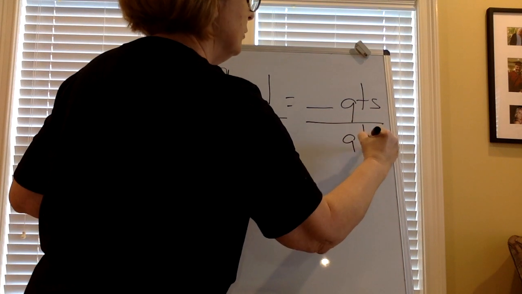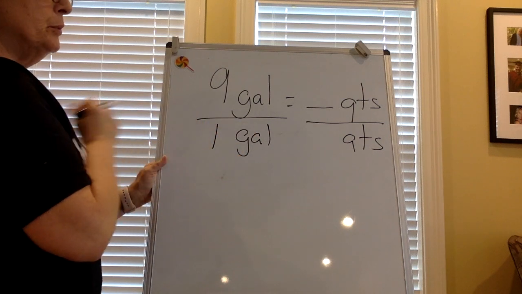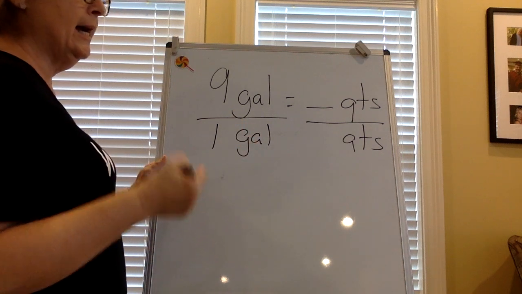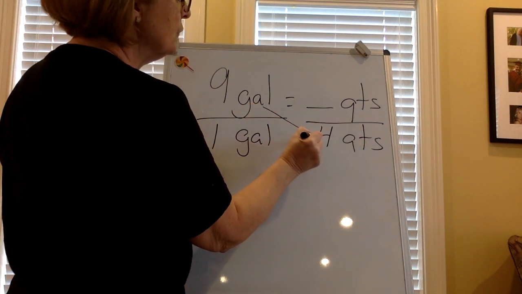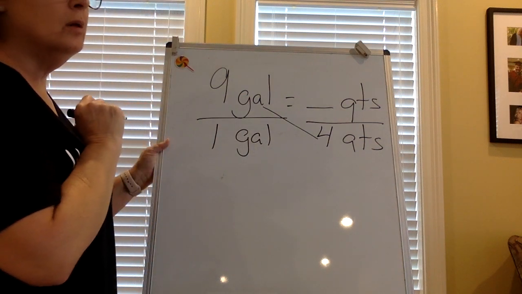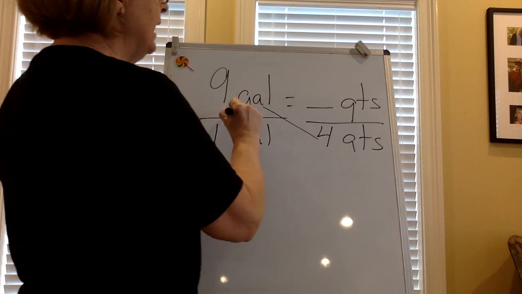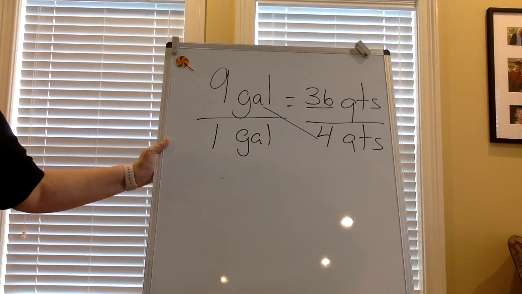My quart is under my quarts. I know that the gallon is bigger, so I just put a 1 under there. And how many quarts are in 1 gallon? Once again, it's 4. They're across from each other, so think about cross multiplying. They're across. 9 times 4, so 9 gallons equals 36 quarts.